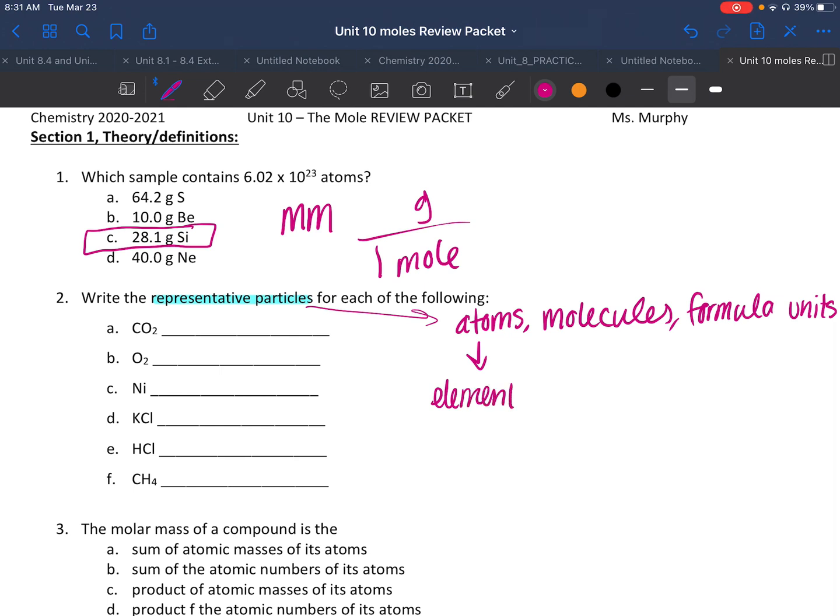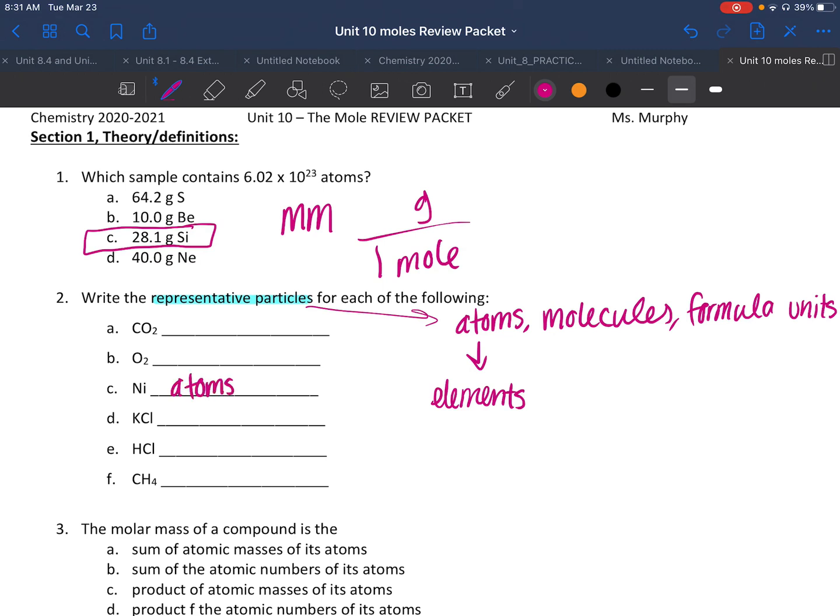So if you see something that is not bonded to anything else, just one element, quantity 1, we're going to use atoms. Looking on the left-hand side here, options A through F, there should be 1 that gets atoms as its representative particle. Hopefully you chose nickel.